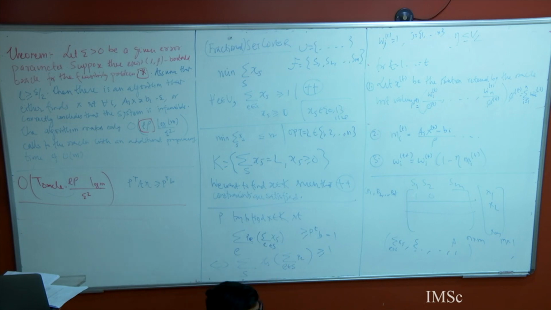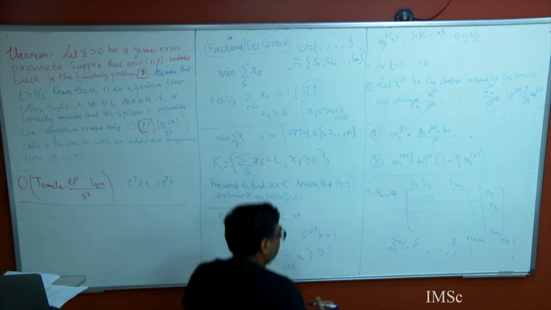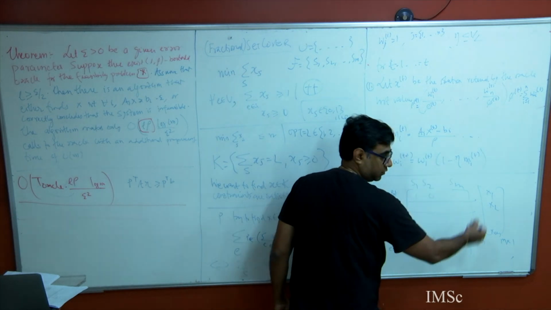This is exactly the same quantity, right? So for every element, you look at which sets it appears in. Which is the same as going over all sets and going over all elements which belong to this set. They are the same thing. So you were counting like this, now you count like this. That's it.